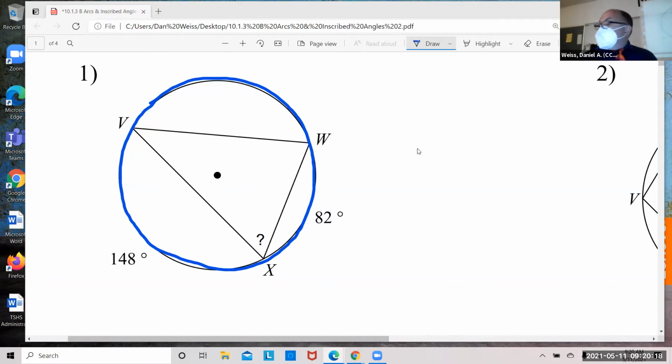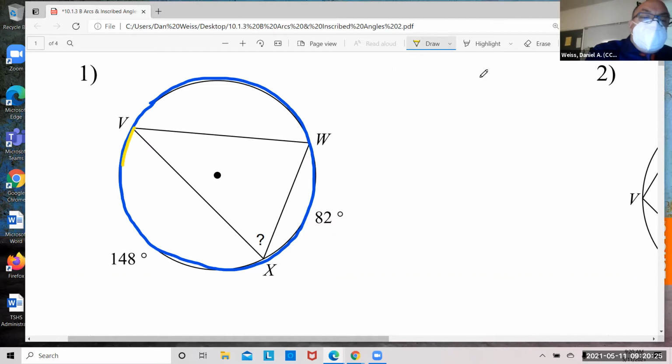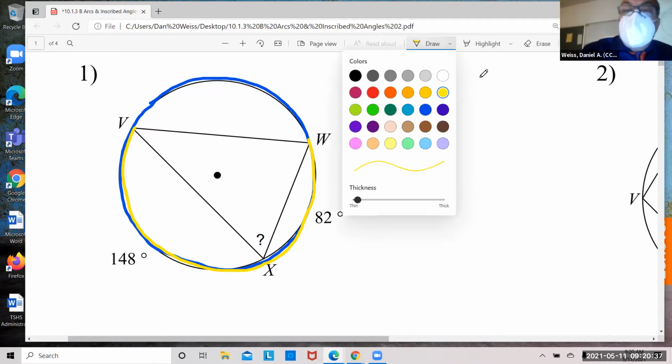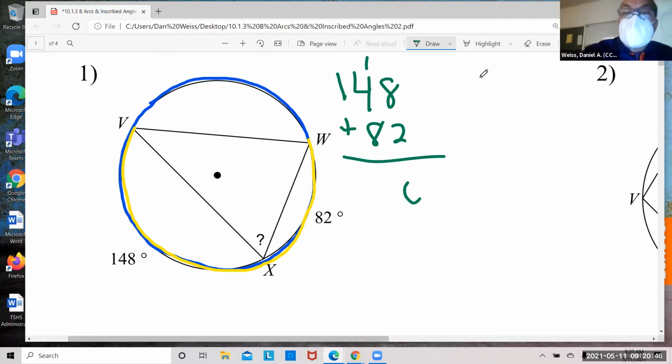So here, if this piece here is 148 and this piece here is 82, then what's left? Well, first of all, what is 148 plus 82? 230, right?